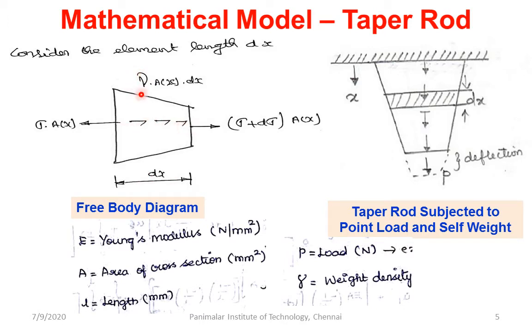This gamma is called the weight density, which is measured in Newton per meter cube, and when you multiply this weight density by the elemental volume, area of cross section multiplied by dx, it will give you the load due to the self weight. So there are three forces acting on this body. By using these three forces we can frame the equilibrium equation. That equilibrium equation we will see in the next slide.